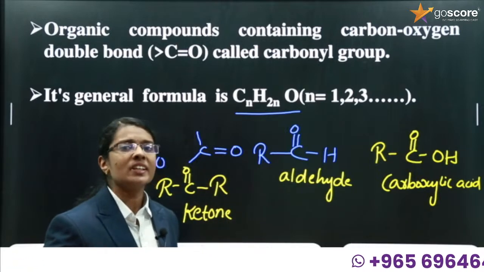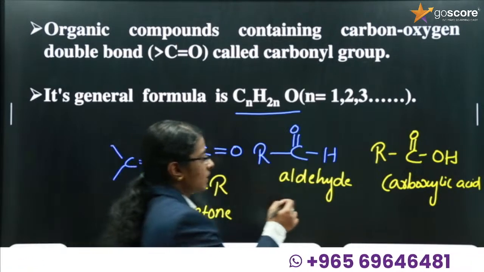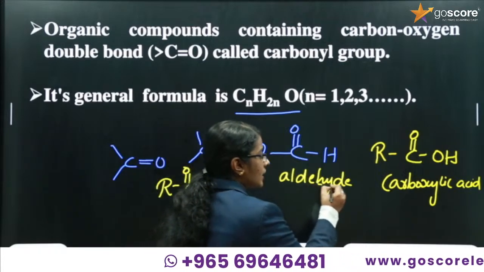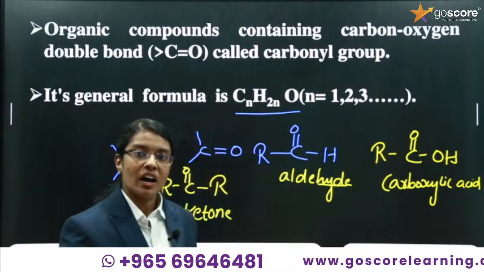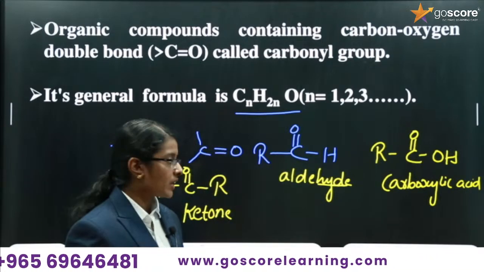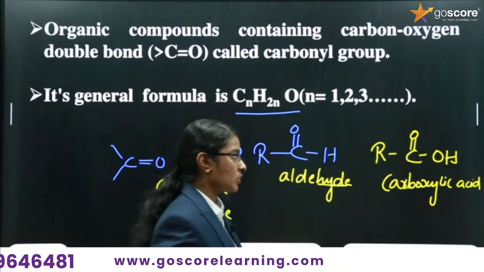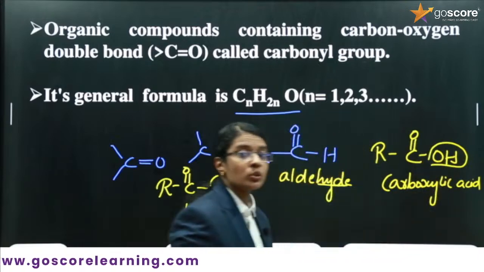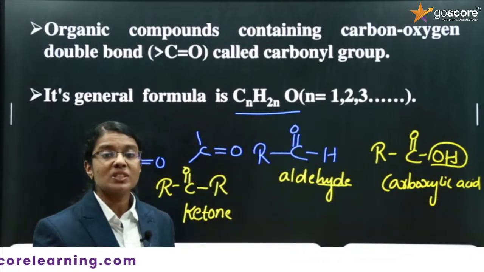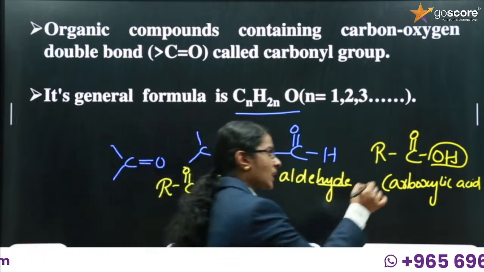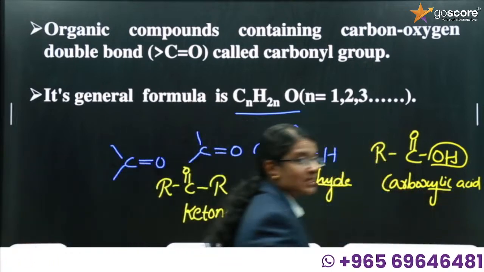I give a simple trick to remember the general formula of these compounds: hide. Hide means hydrogen, so if it is an aldehyde, there is a hydrogen atom. For carboxylic acid, you all know that when the OH group is a prefix, we use hydroxyl, so you can remember carboxylic acid using sil.